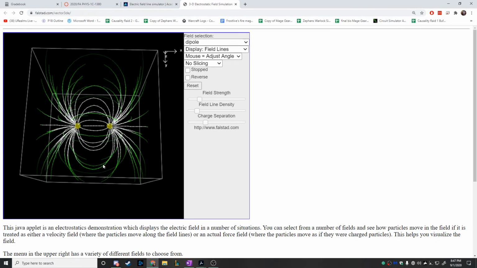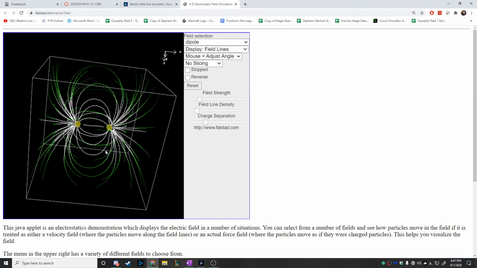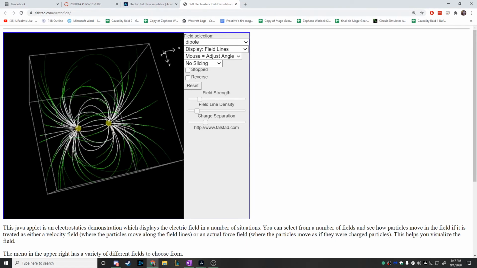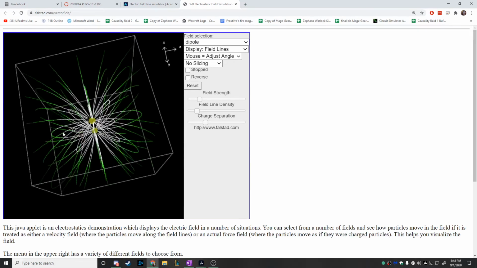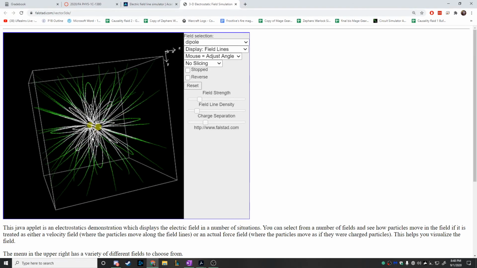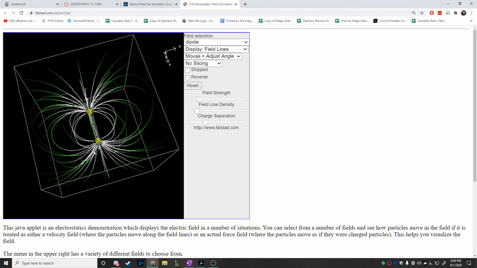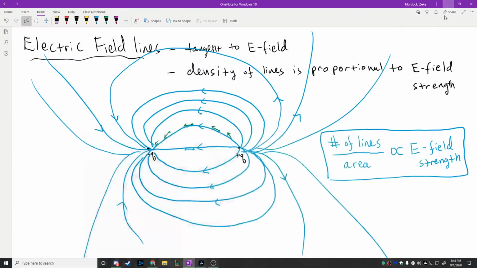If I want to talk about the strength of these field lines, what I really need to do is look at their density by taking an area and sticking it inside of here, like a surface area. It's going to be the place where you get the number of lines divided by the surface area being the biggest, like right here. That's the place where the electric field's the biggest.